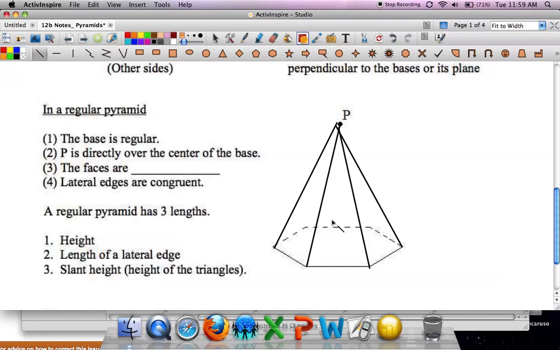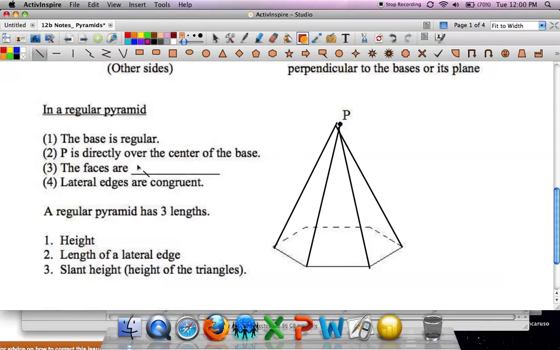I'm going to leave out the two back ones because there's going to be a lot of lines. So, in a regular pyramid, the base is regular. So this would be a 1, 2, 3, 4, 5, 6, a regular hexagon would be the base. P is directly over the center of the base. What shape are each of these faces?